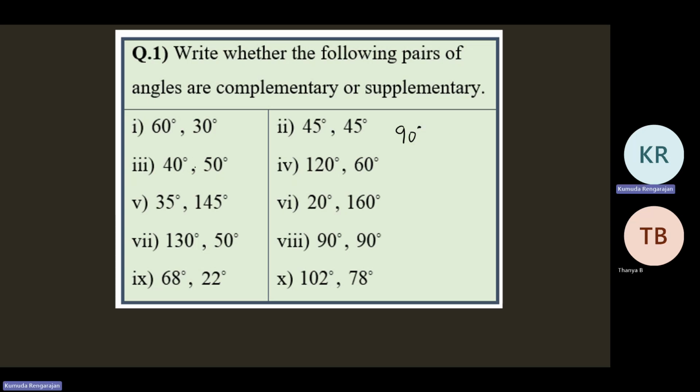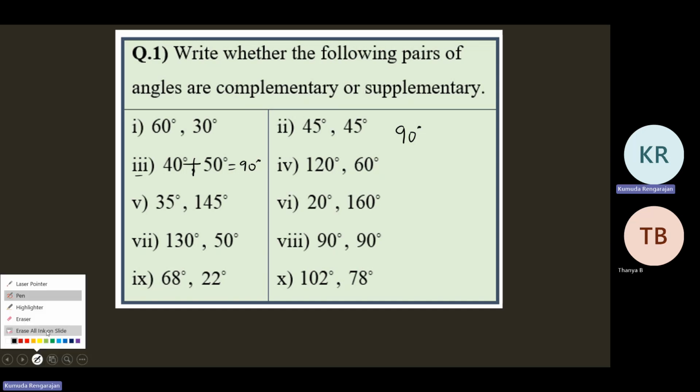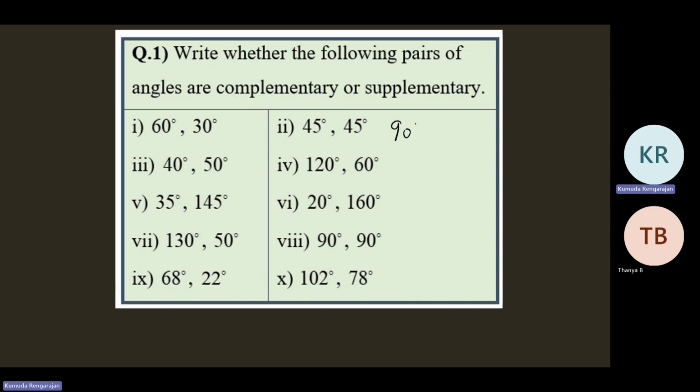See, I'll just explain with the third one here. 40 degrees plus 50 degrees is equal to 90 degrees. So we say that 40 degrees is the complement of 50 degrees, and 50 degrees is the complement of 40 degrees. Now my question is, what is the complement of 90 degrees? Meaning 90 degrees plus what will give you 90 degrees?